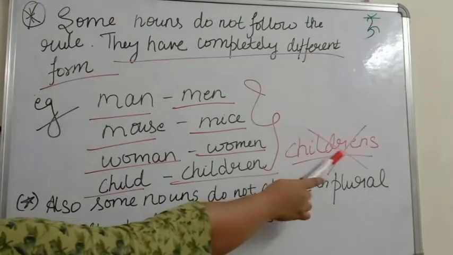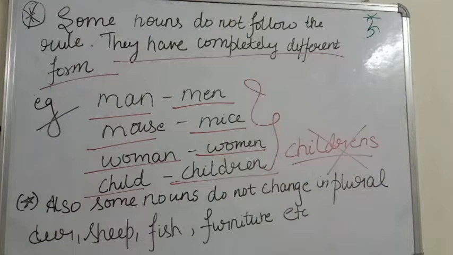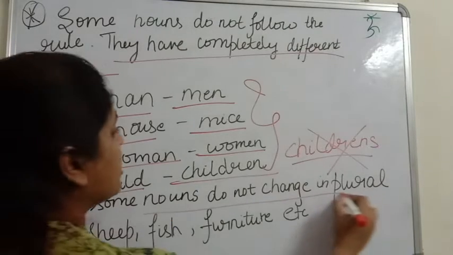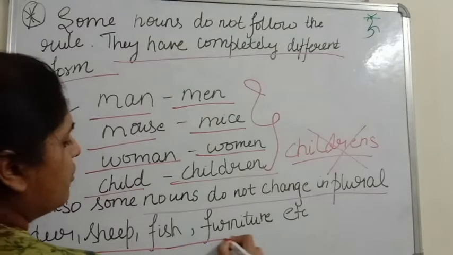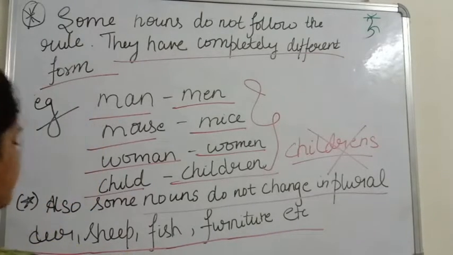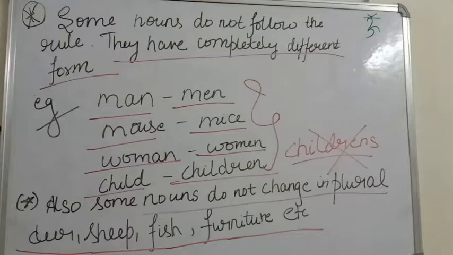So please do not make this mistake. Also, some nouns do not change in plural. Some of these nouns are deer, sheep, fish, furniture, etc.